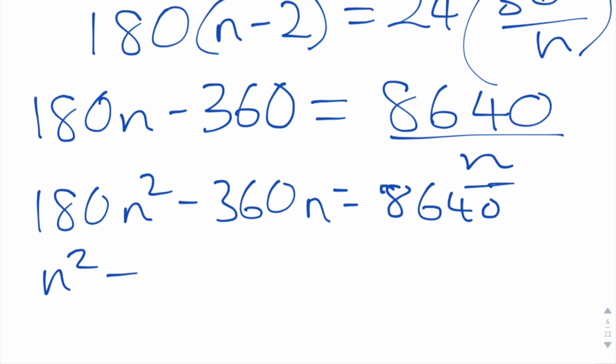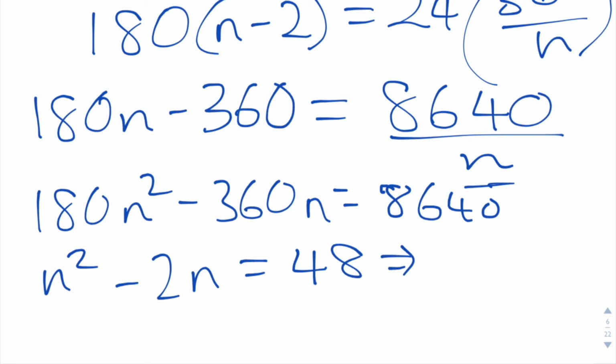So n squared minus 2n is equal to 48. And then we need to bring the 48 over to the left hand side, and that gives us n squared minus 2n minus 48 is equal to 0.